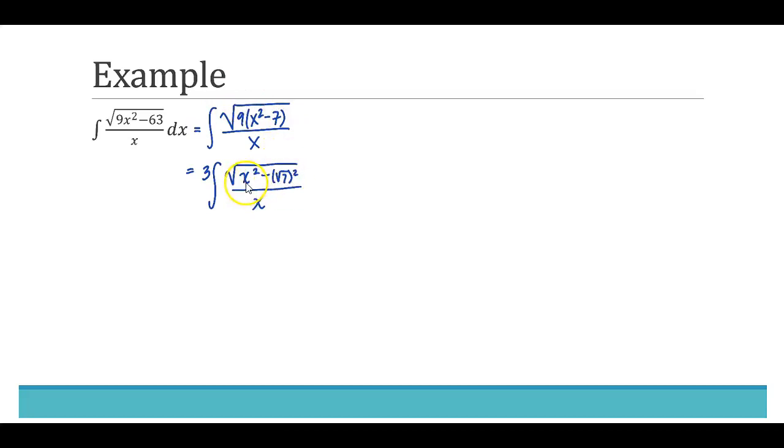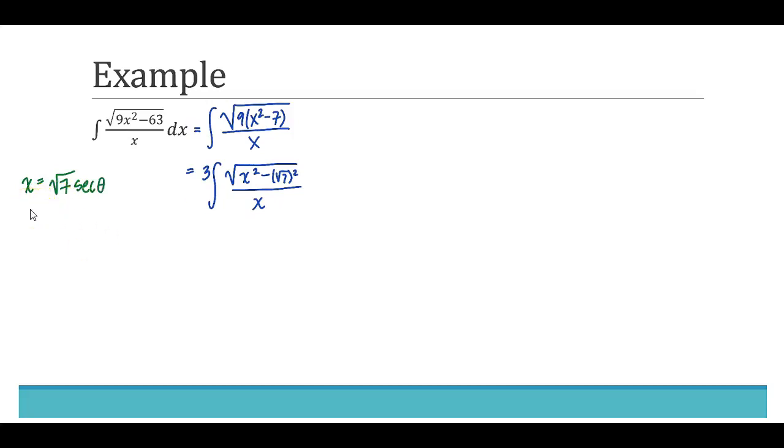I can rewrite this as x squared minus the square root of 7 squared, a number squared. And then from here, perform my trig sub. So since x squared is first, and then it's minus a number squared, we're going to use the secant trig sub. So we're going to let x equal a. Well, the value of a is radical 7, so radical 7 secant theta.